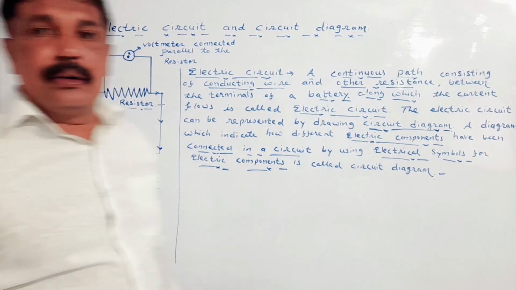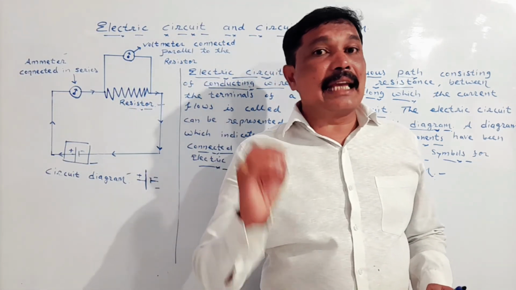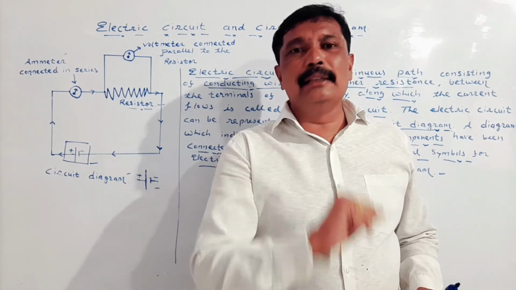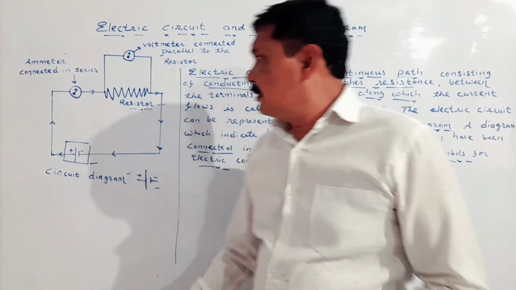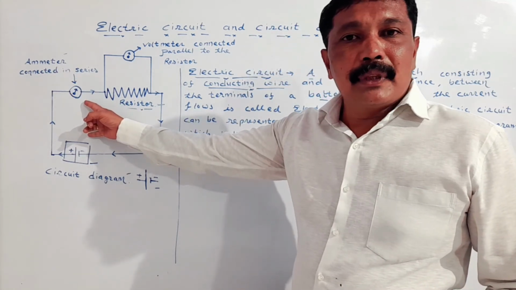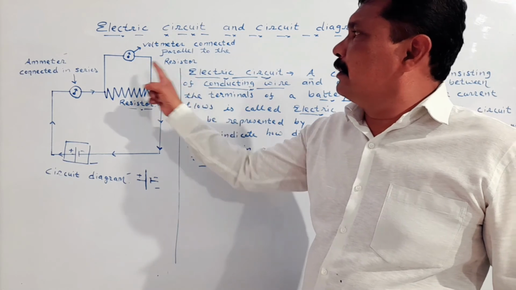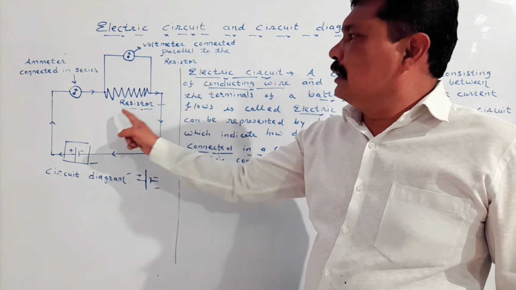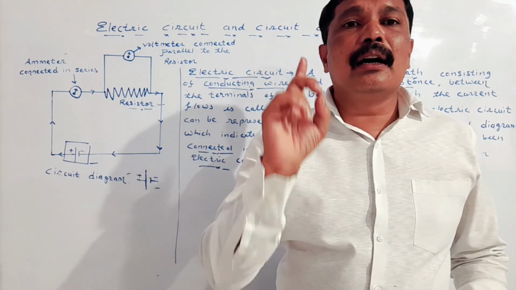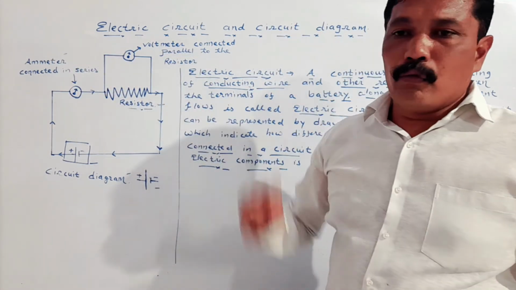My dear student, while connecting both these devices, that is ammeter and a voltmeter, we should keep two things in mind. First, ammeter is always connected in series and voltmeter is always connected parallel to the resistor. We also have to consider the connection of ammeter and voltmeter.